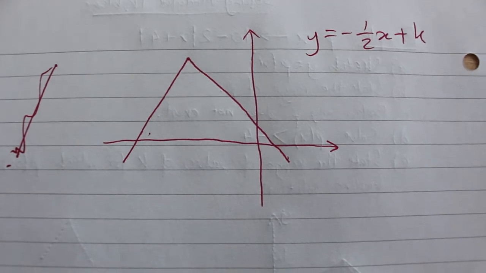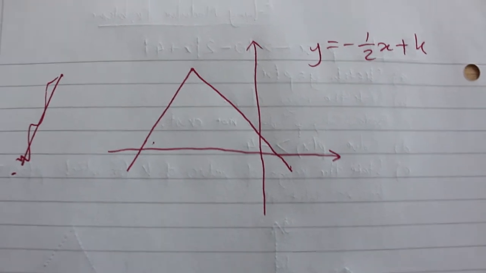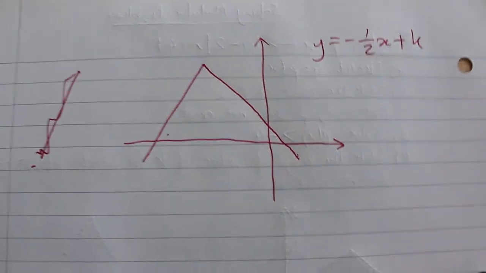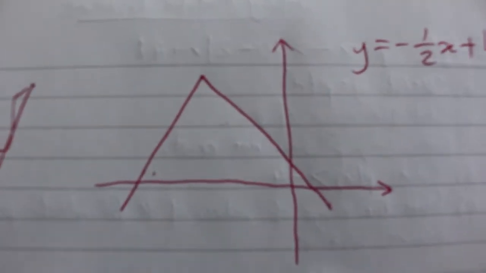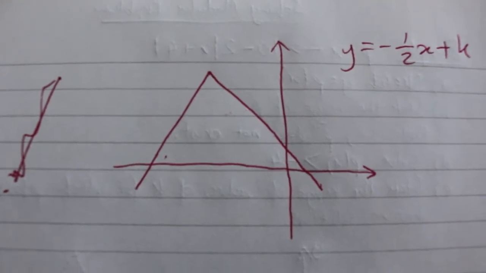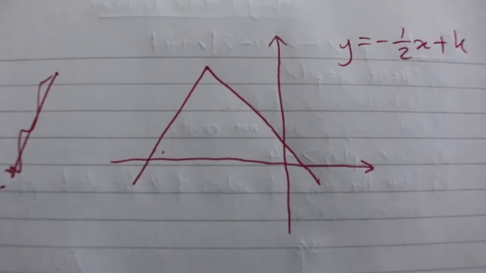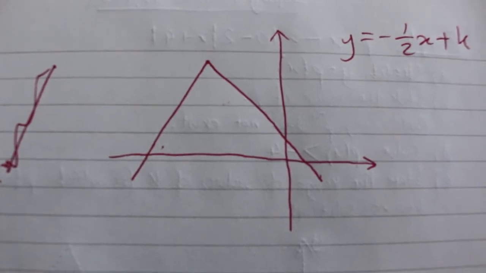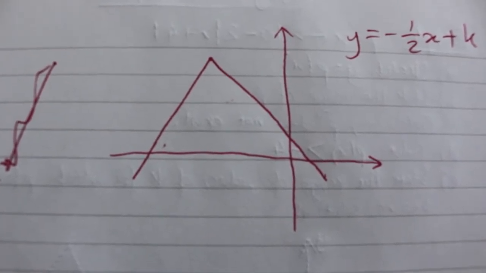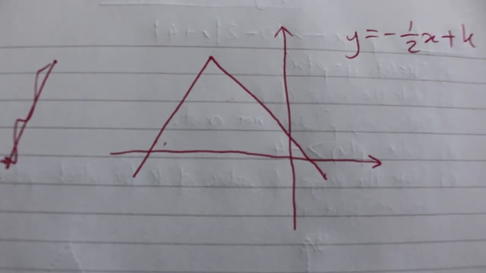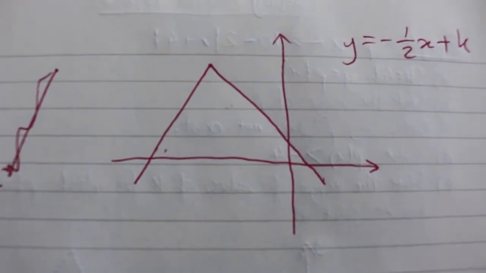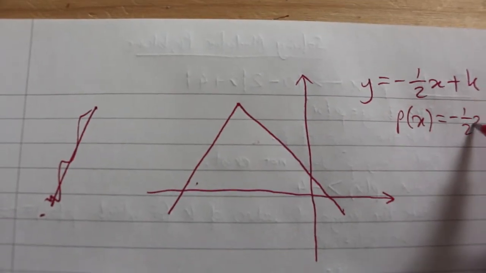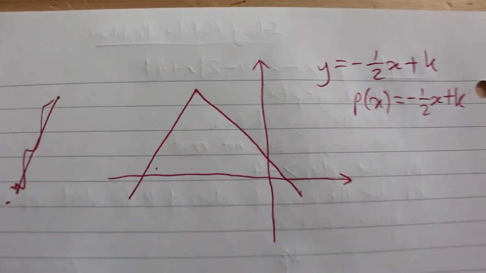So y equals minus a half x plus k. That has gradient minus a half, so it's less steep than these lines, it's a bit flatter, and it crosses the y-axis at k. And we want to find the values of k such that these two graphs have no points of intersection. That's what it means for the equation p of x equals minus a half x plus k to have no real solutions.